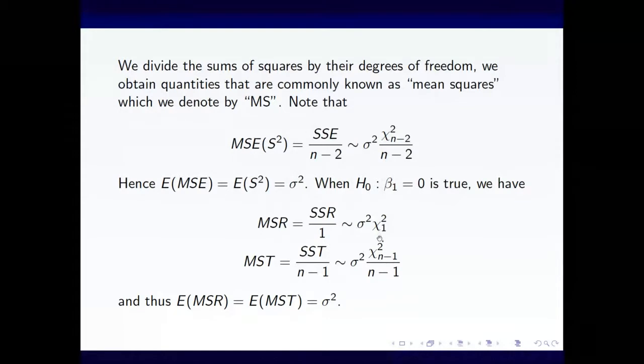So, if beta 1 equal to 0 is true, you can show that the expectation of MSR and the expectation of MST are equal to sigma squared.